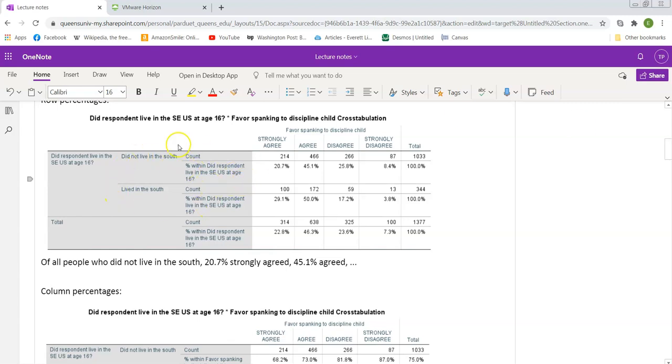So we kind of have our two groups we're wanting to compare. So to me, this tells us these are the percentages we want to look at. We want to look at, of the people who did not live in the South, what was their breakdown of opinions, and then compare that to the people who lived in the South. And I think we can see pretty readily that the people who lived in the South were stronger on favoring spanking to discipline children.